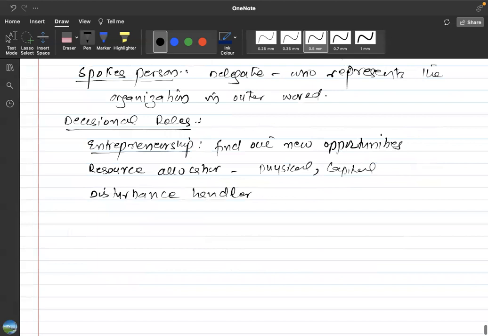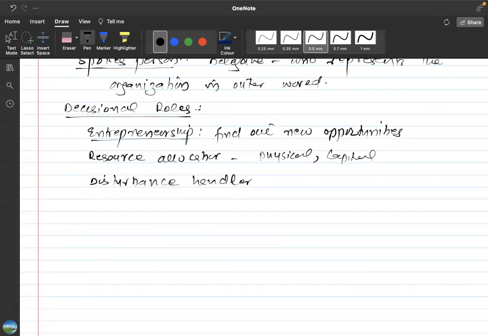There might be different disturbances during the business operation. For example, a sudden breakdown of machinery or a situation because of the changing environment or anything like that. The manager should handle those situations. That's why they are called disturbance handler.